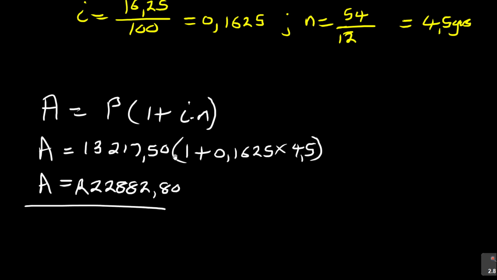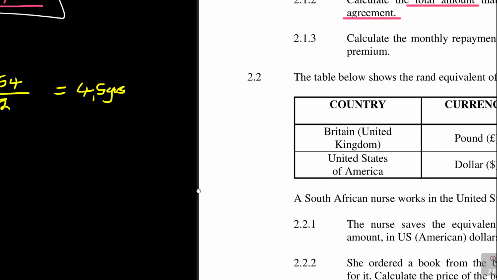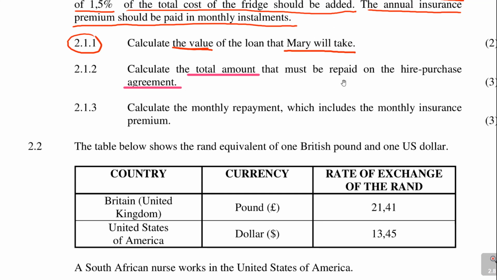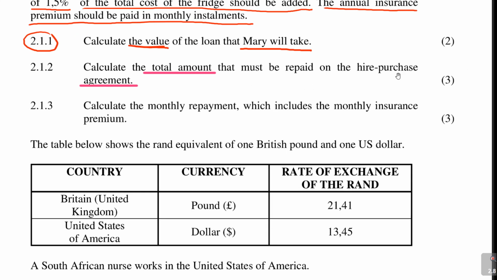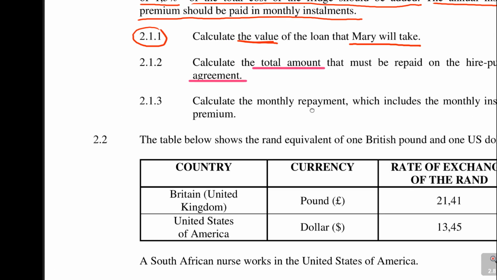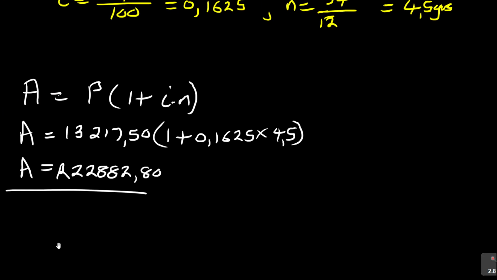Now the question was, what was the question? The total amount that must be repaid on the hire purchase agreement. So this is the total amount repaid. That's what you're going to repay at the end.